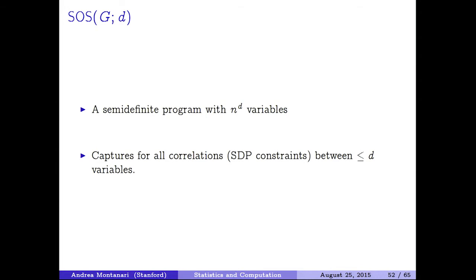This integer programming problem is, of course, NP-hard. SDP SOS d is a semidefinite program with n to the d variables. And intuitively, what it does is that it captures all correlations of up to d variables.